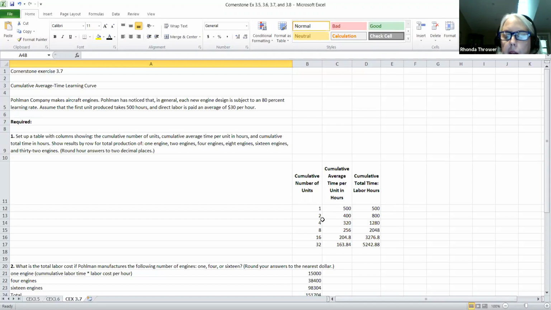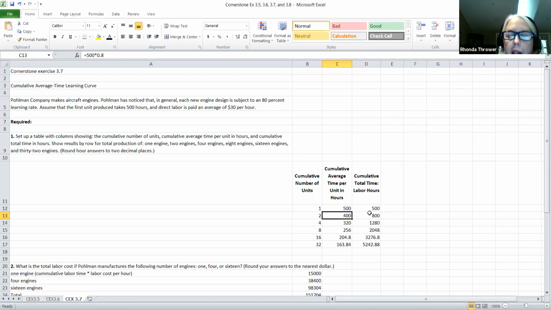Now, let's think about this. If we are producing 2 units, the first unit probably is going to take us 500 hours, but the second unit that we produce is going to take us 80% less. So to get the cumulative average time in hours here, I would take the number of hours it takes to produce one unit and multiply it by 80%.